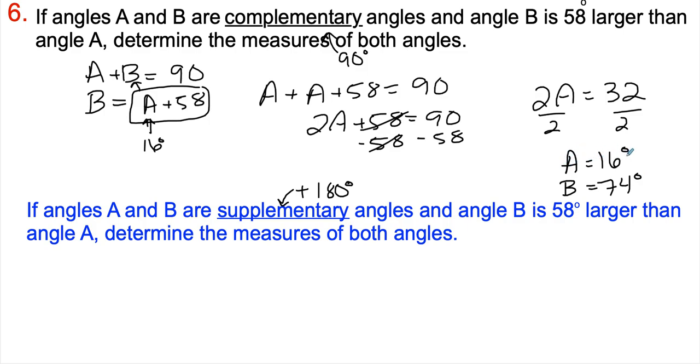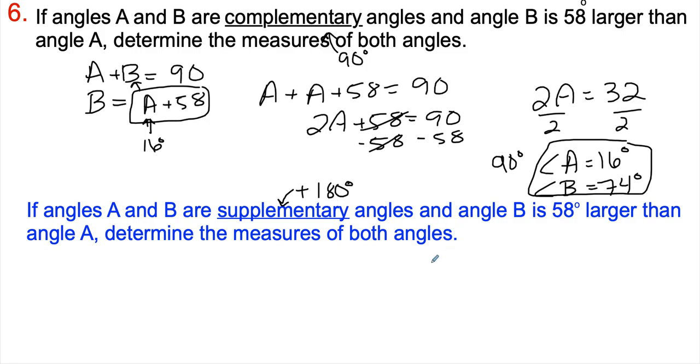And then we can kind of double check this. We know they're complementary. They should add to 90. So 16 and 74 do in fact get us 90. All right, and since this is simple angles, you could just leave it like this. So angle A is 16 degrees, angle B is 74 degrees. And those are 90-degree complements.